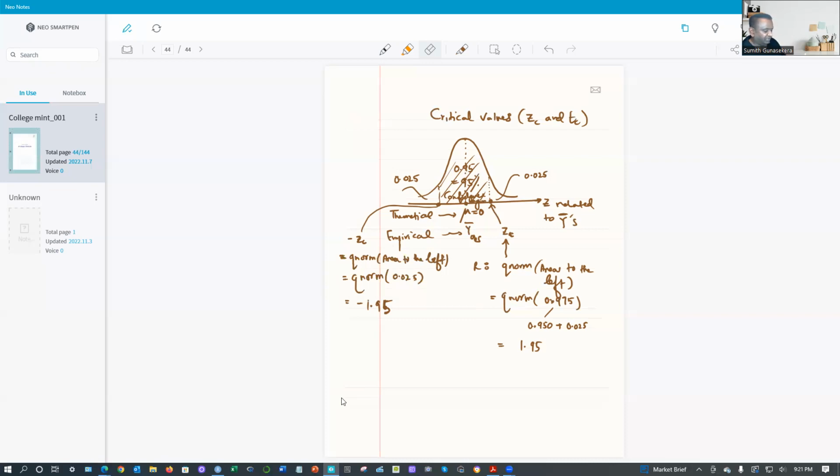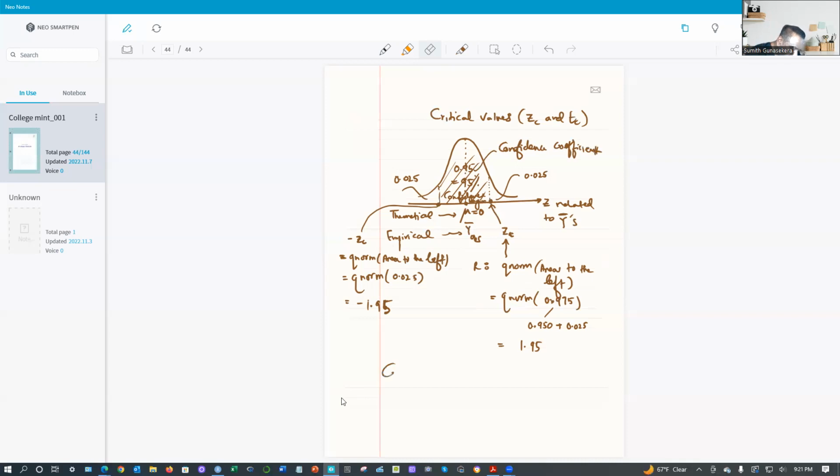If you do this for different values, this 0.95 we call the confidence coefficient. How confident your interval would be.